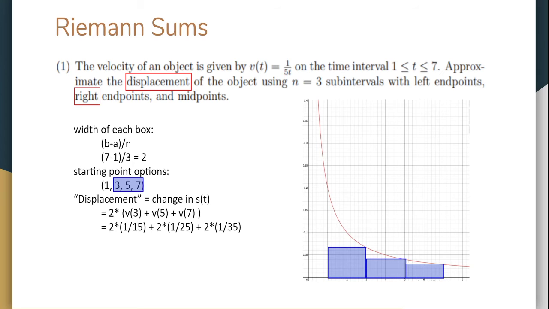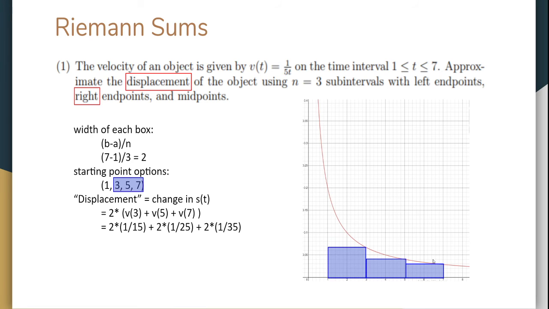For the right, it's very similar, but instead we start from the left. Some people get this confused as going the other way. Remember, you're still trying to approximate the area under this curve from 1 to 7. So now we're under-approximating that area.